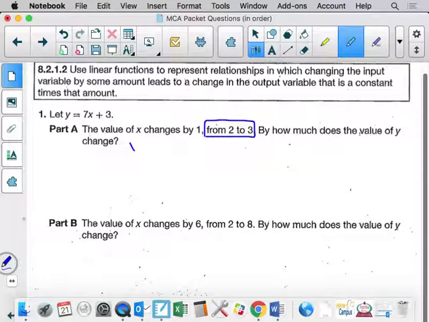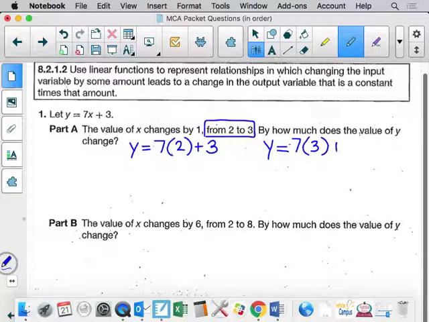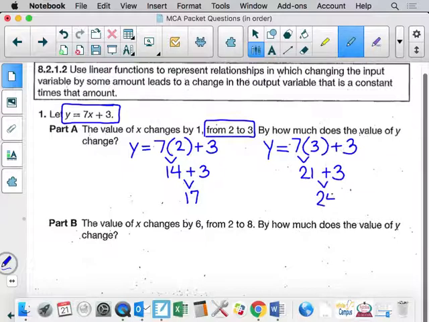So first, it says that we are going to replace the x with 2. Then we are going to replace the x with 3. So from 2 to 3. So I'm just using this relationship. y equals 7 times x plus 3. 7 times 2 is 14, plus 3 is 17. 7 times 3 is 21, plus 3 is 24.